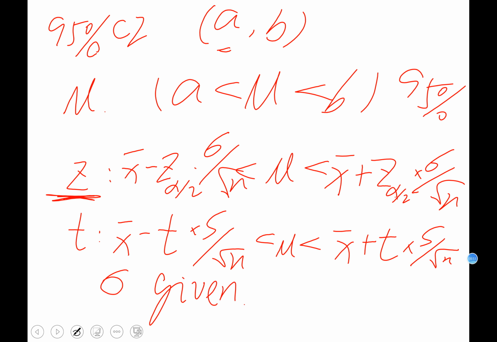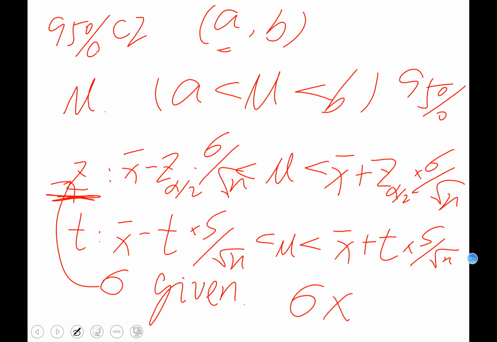So when sigma is given, we can use the Z formula. But if sigma is not given, we don't know the sigma, or we don't know the variance.